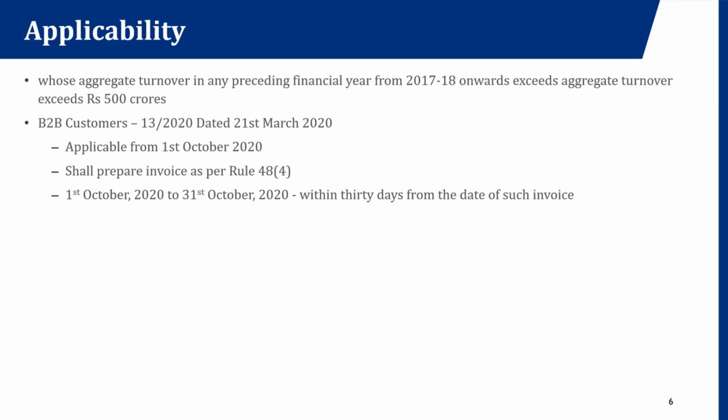For example, if an invoice is dated 3rd of October, we have to generate the e-invoice within 30 days, that is by 2nd of November. It is not that October month gets 30 days; it is on the date of invoice, not on the month of invoice.